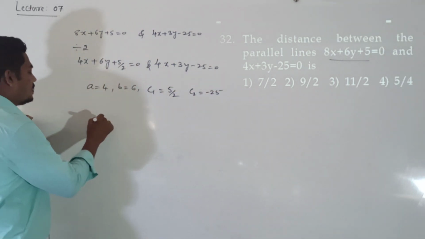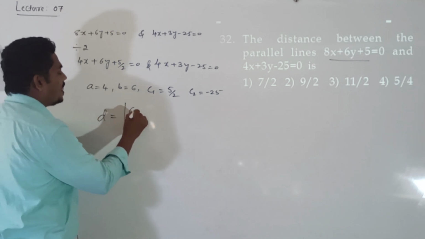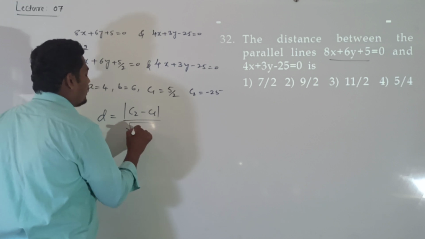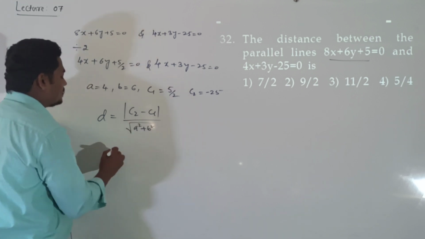After that, the distance between two parallel lines formula is modulus of c2 minus c1 divided by square root of a square plus b square, right?